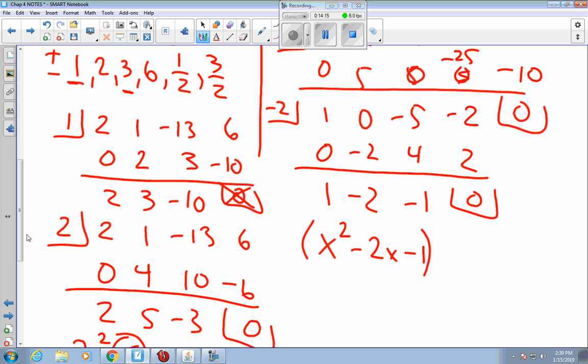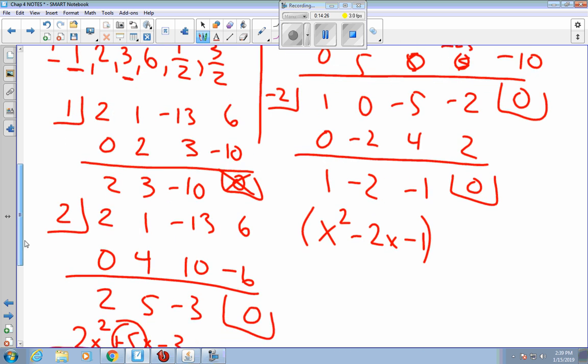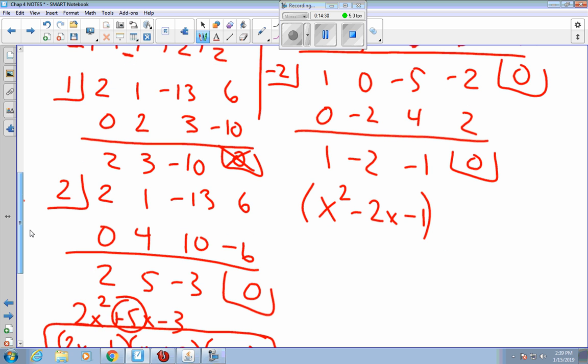There are none. So you leave this the way it is, because it says to factor. If it said find the zeros, then you put it into the quadratic formula. So you have x squared minus 2x minus 1 times x minus 5 times x plus 2. That's it.